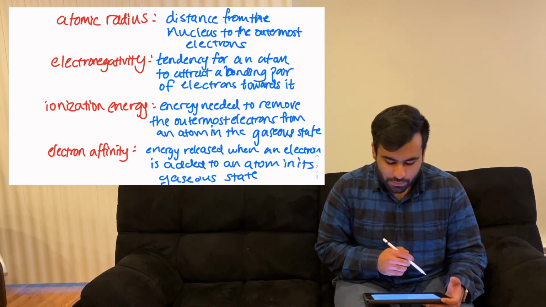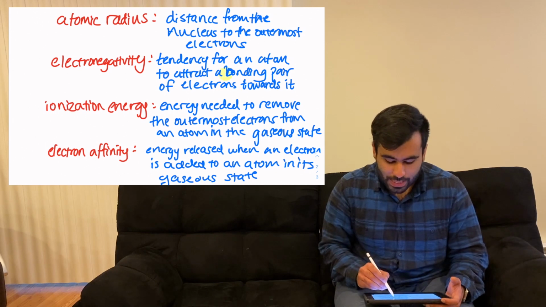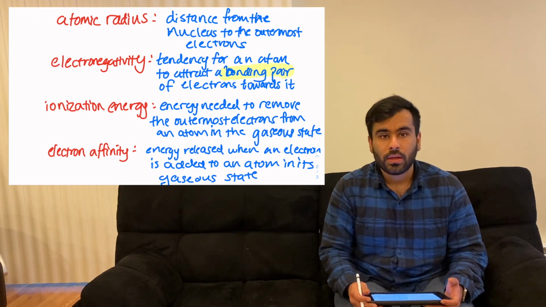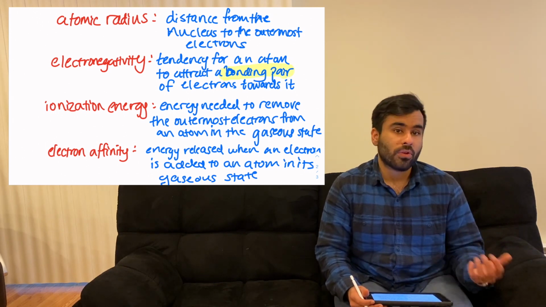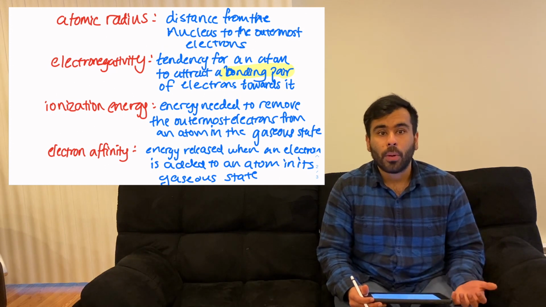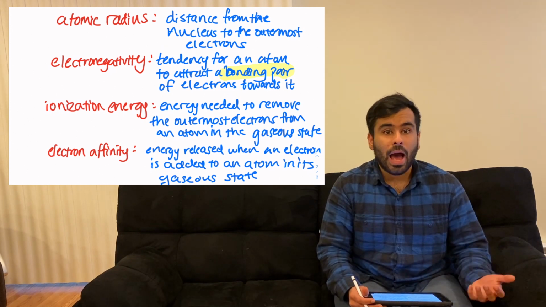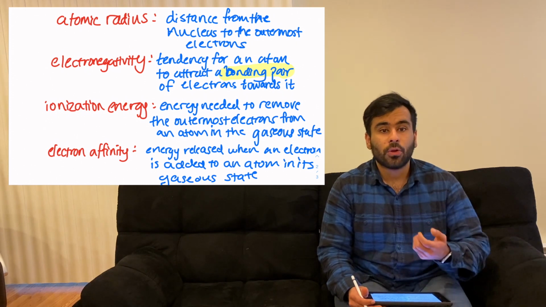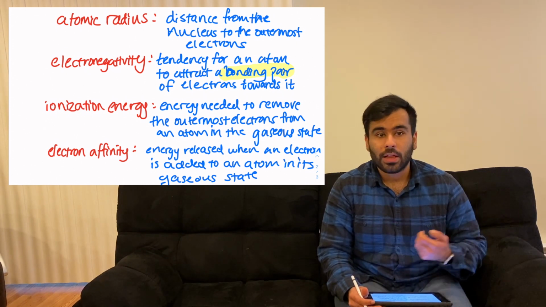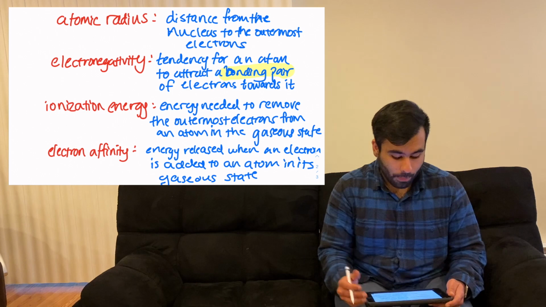Now for electronegativity, it's the tendency for an atom to attract a bonding pair of electrons towards it. For example, if you have oxygen and hydrogen in a bond, because oxygen has that higher effective nuclear charge, it's already pulling the electrons closer to its nucleus, and that's why it's a more electronegative element.